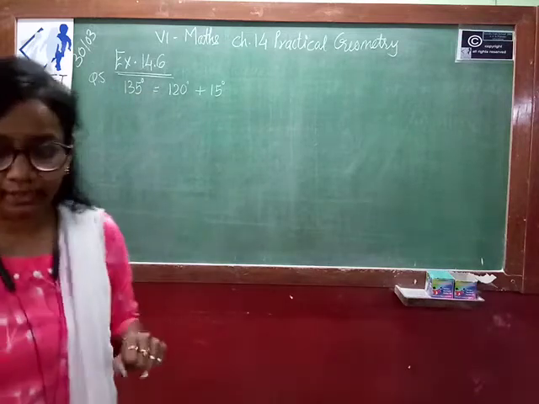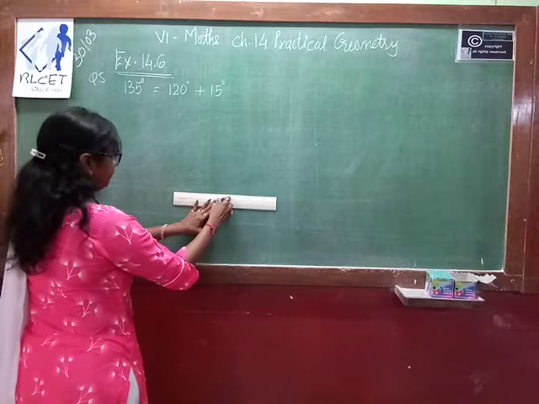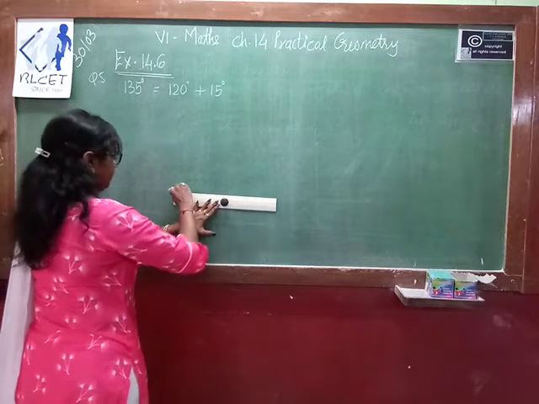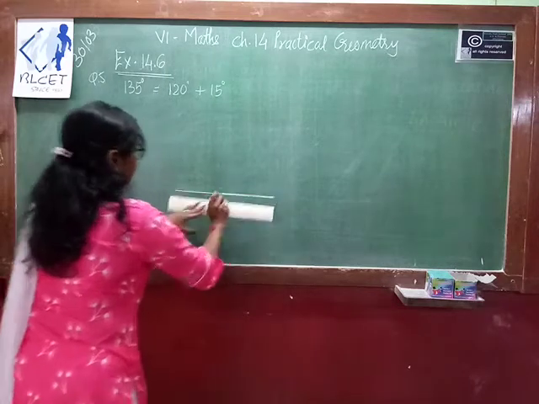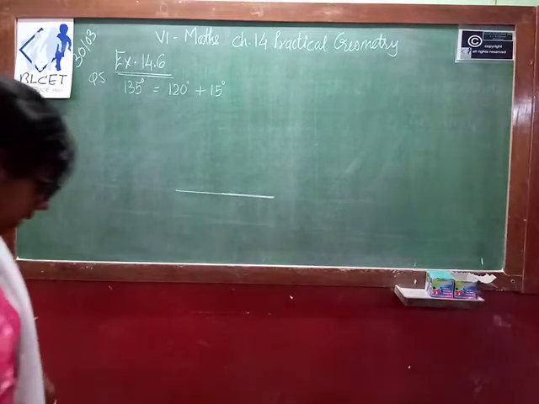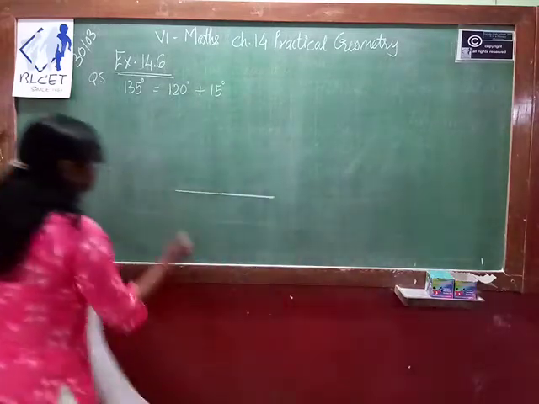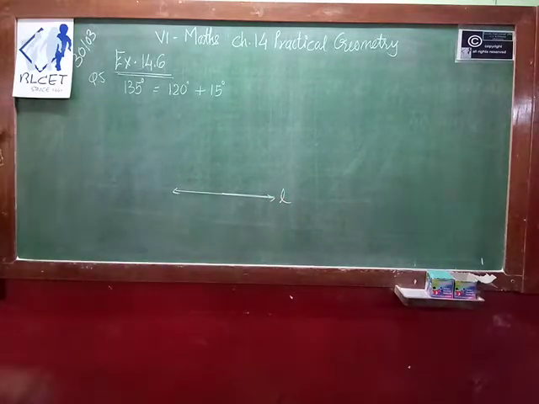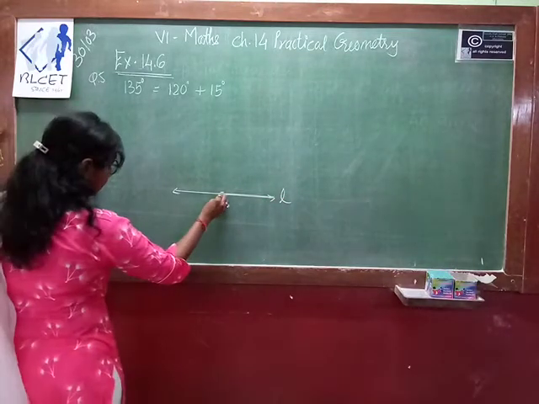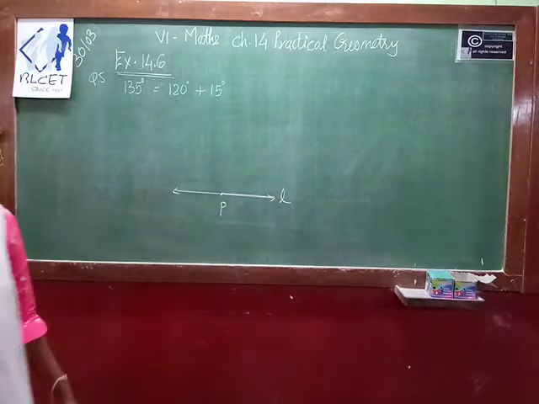So let's start. First, draw a line. Name it as L. Now on the center we have to consider point P. Here we construct 135 degree.